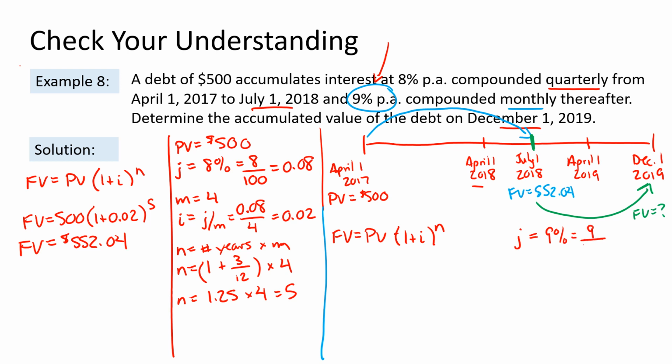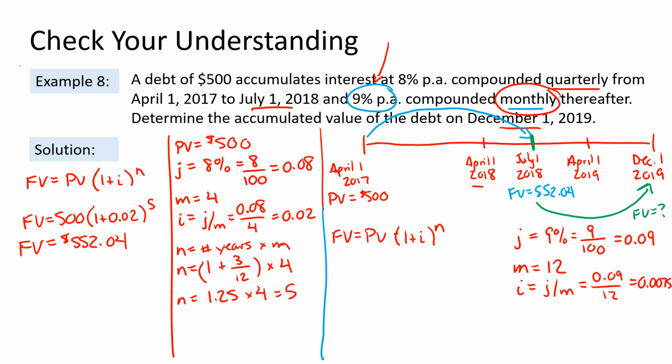Converting that to a decimal is 9 divided by 100, which is 0.09. We're now compounding monthly, so m is 12. Finding our periodic rate of interest, i, it's j divided by m, which is 0.09 divided by 12, which is 0.0075. Just because there are more decimal places here, don't round it, especially when it's an exact number like that.